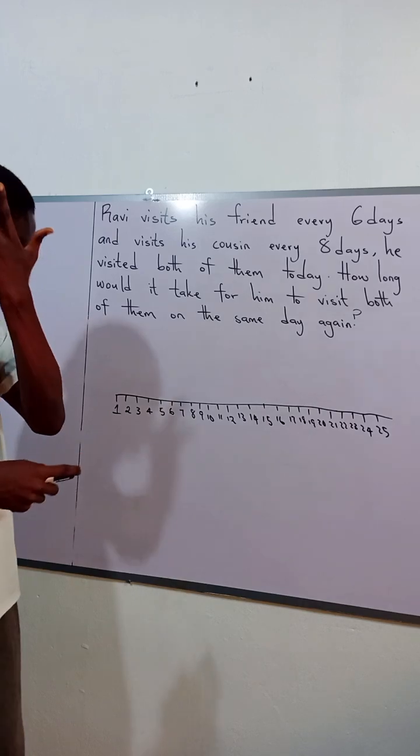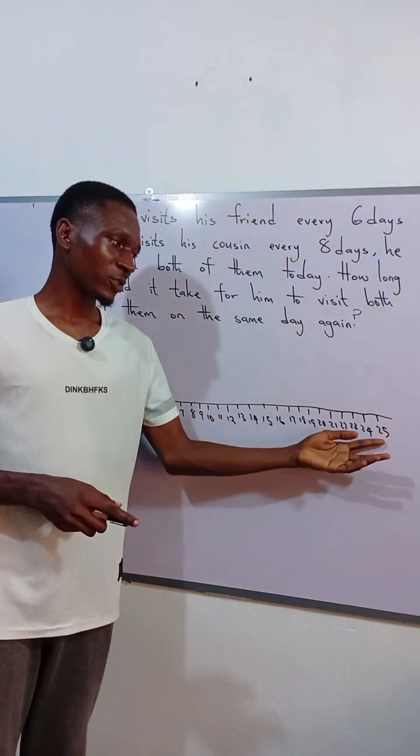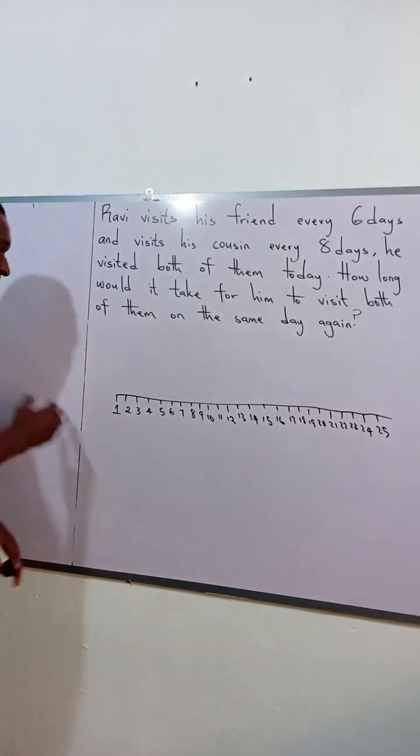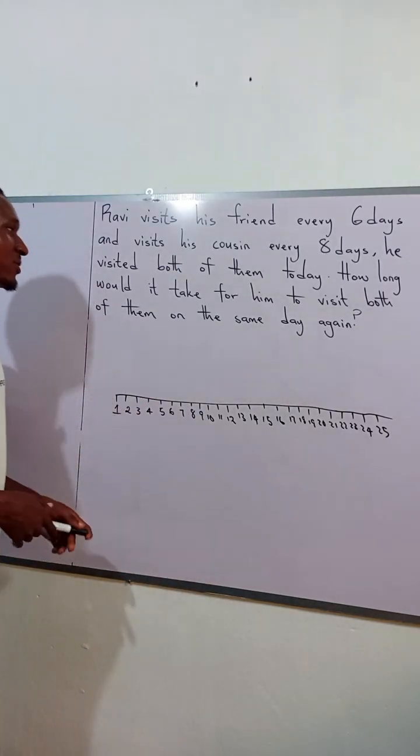So continuously, but I'm stopping at this number because I already know the answer is going to fall at that number. But if you are in the class, you can actually write it longer so that you start talking about it.